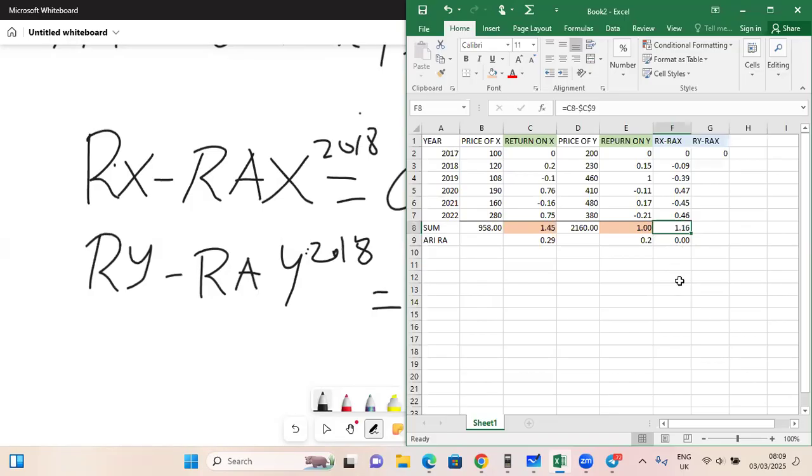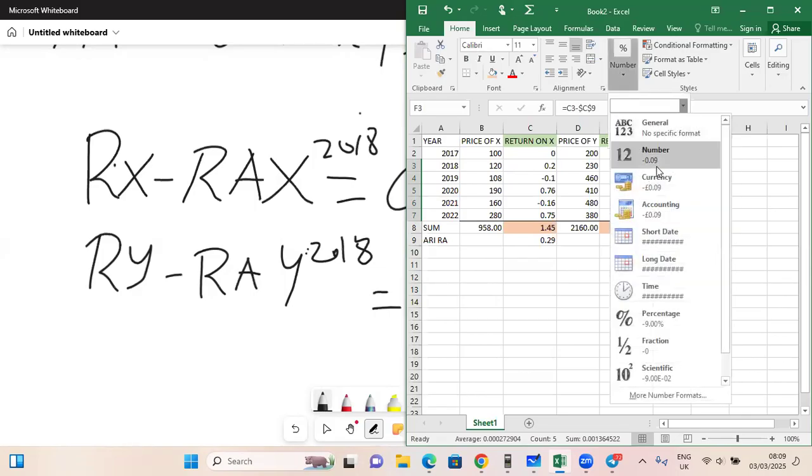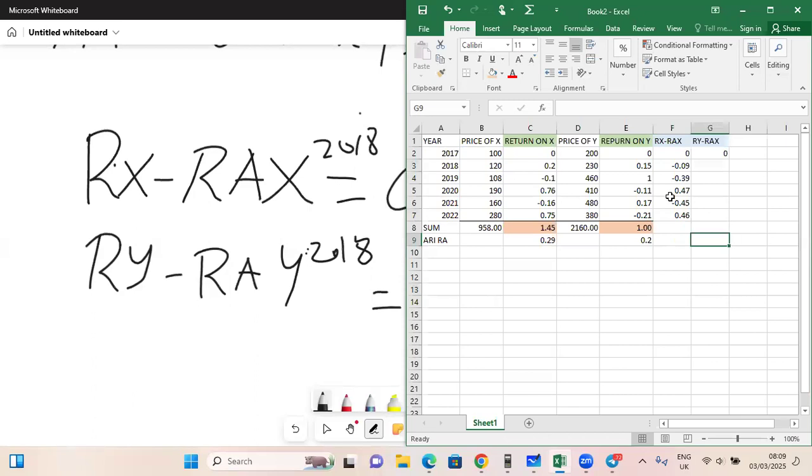Oh, I don't need to even come up to this side. I need to drag it up to here. All right, so we do the same thing for this one.